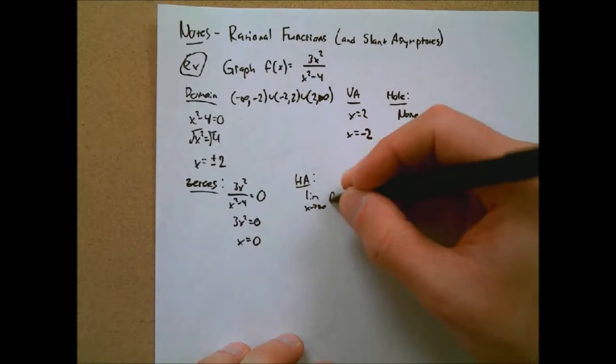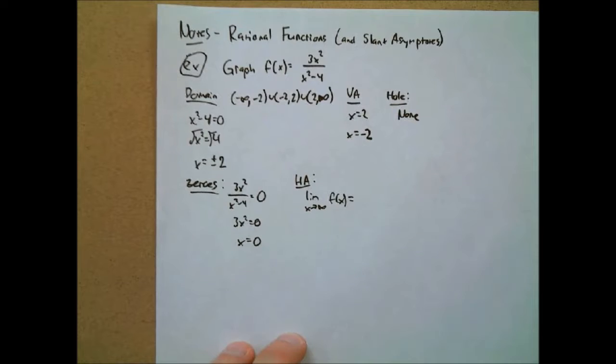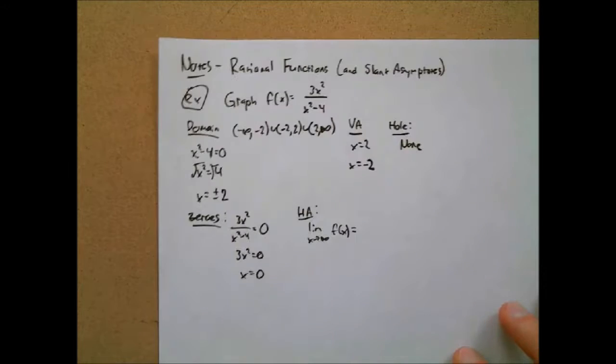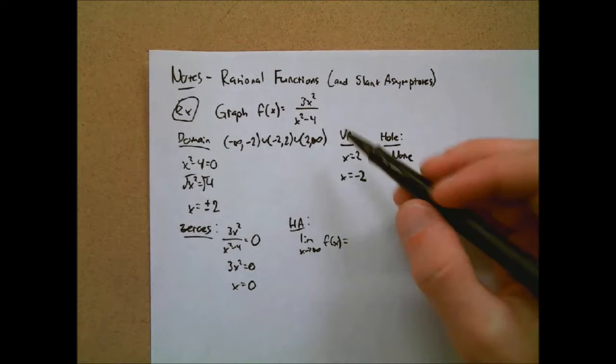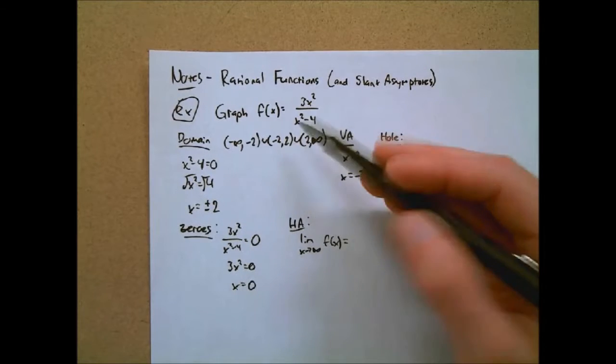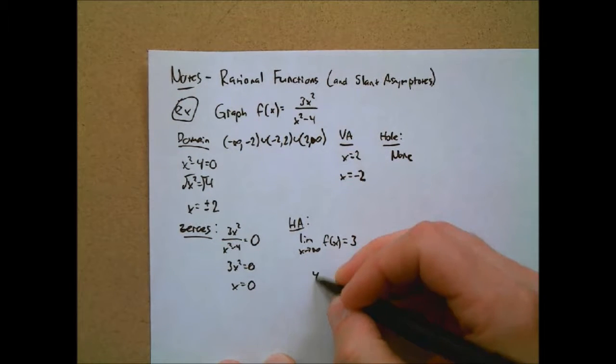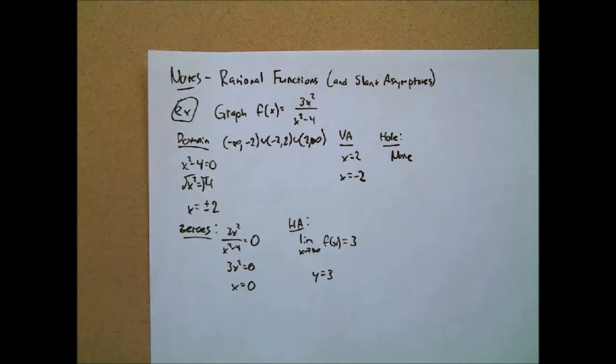The limit as x approaches infinity of f will be 3. The degree of the top is 2 and the degree of the bottom is also 2, so it's the ratio of the leading coefficients, 3 over 1, or just 3. It'll be the same for the limit as x approaches negative infinity. So y equals 3 is the equation for the horizontal asymptote.